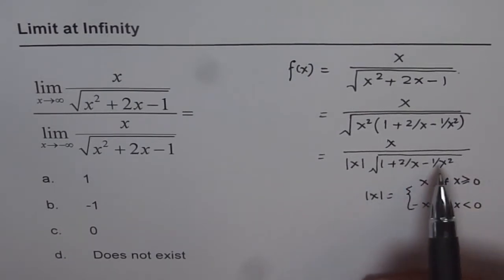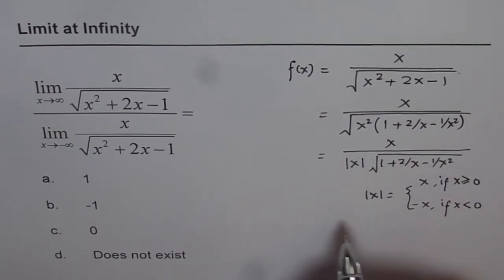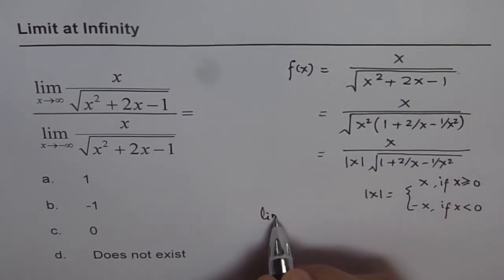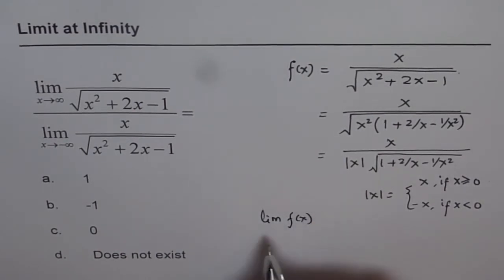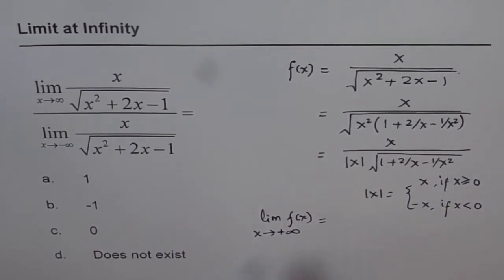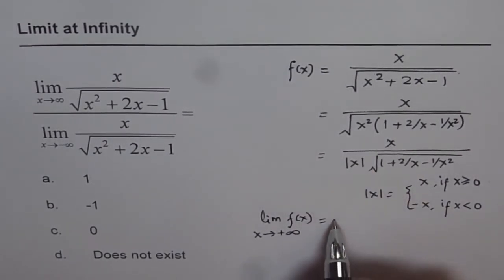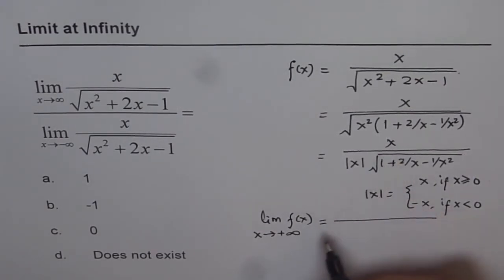Now, why will it be so? Because if you see this function, let's say the limit of the function f of x as x approaches positive infinity, then what happens? In this particular function, when x approaches positive infinity, the denominator will be plus x, right?